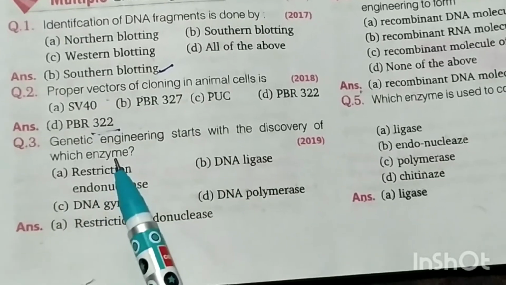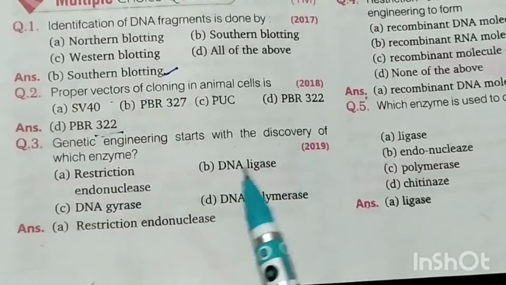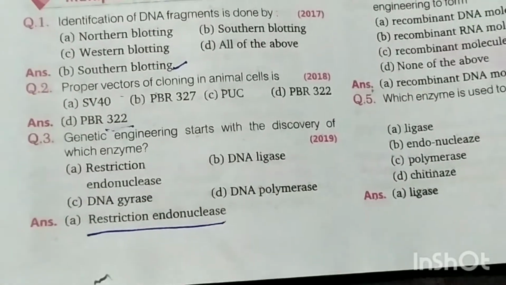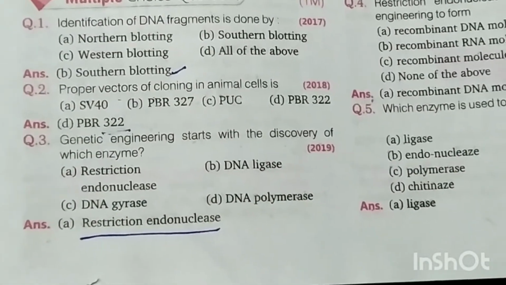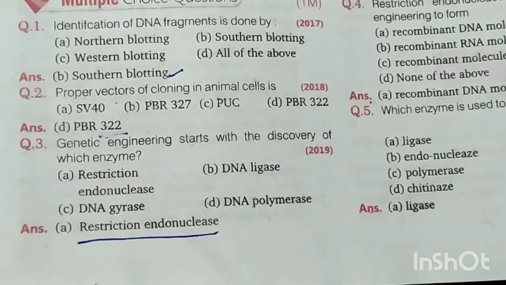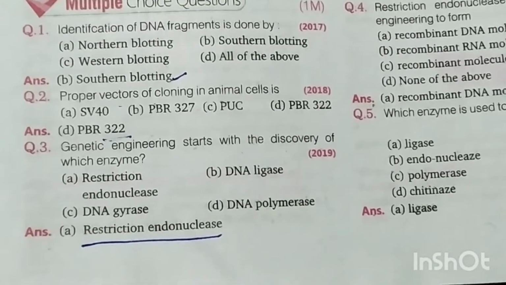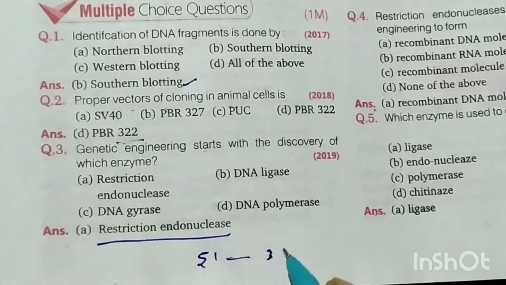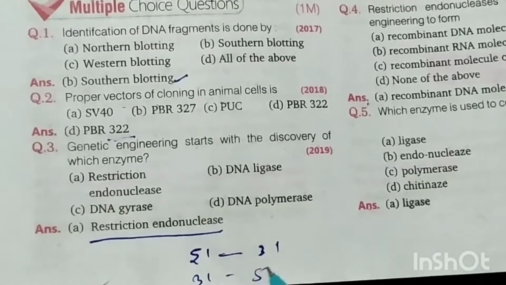Next question: genetic engineering started with the discovery of which enzyme? That is the restriction endonuclease enzyme. Dear student, restriction endonuclease enzyme is a molecular scissor that cuts the DNA at palindromic sequences, that means 5' to 3' and 3' to 5'.